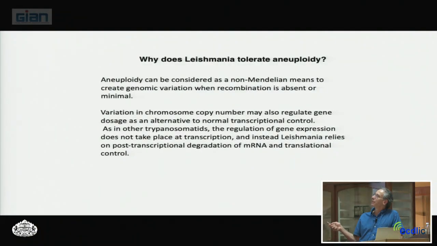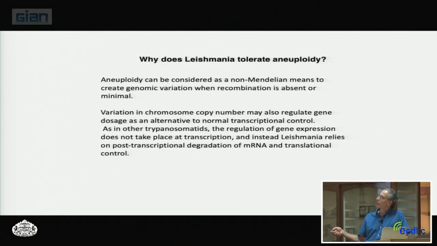So why do Leishmania tolerate aneuploidy? It can be considered a non-Mendelian means to create genomic variation when recombination is absent or minimal. Variation in chromosome copy number may also regulate gene dosage as an alternative to normal transcriptional control. Leishmania, as well as other trypanosomatids like African trypanosomes, don't have normal transcriptional control. There are no promoter regions that dictate when a gene should be turned on or off.